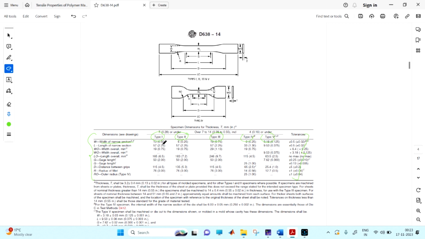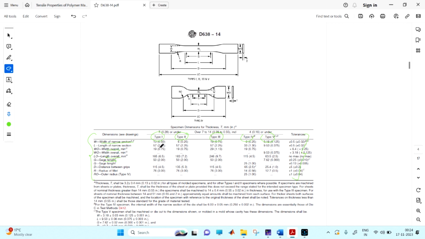Whether it is a rigid plastic, which type of plastic, polymer plastics, according to that we can see type 1, type 2, type 3, and the width of the narrow cross section, width overall, length overall, gauge length. For example, I am showing type 1.